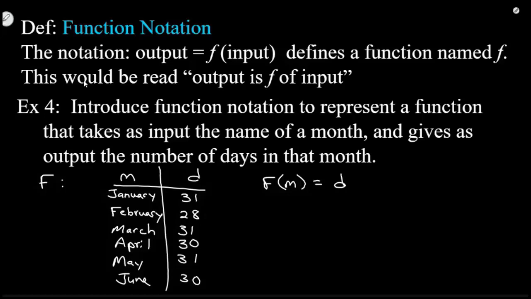This is how we defined our function with this table, and we would finish the table. But then when we actually write out the notation, F, this function applied to the month, will give us the number of days. Now it's not an algebraic function, it's a table function, but that's how that works. This is actually our final answer, but I wanted to make sure we understood what F meant when we were talking about that function.